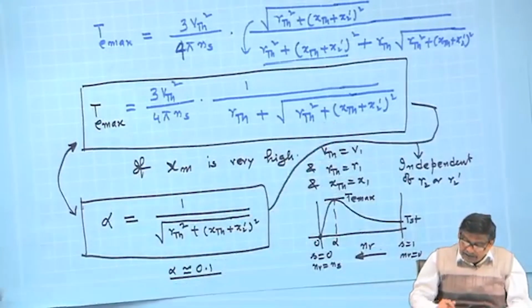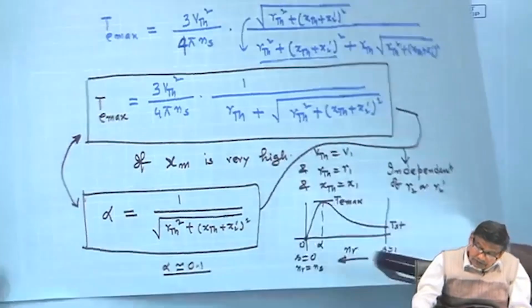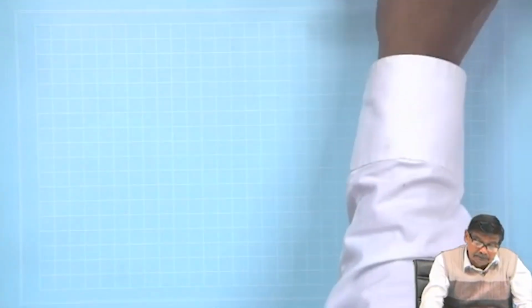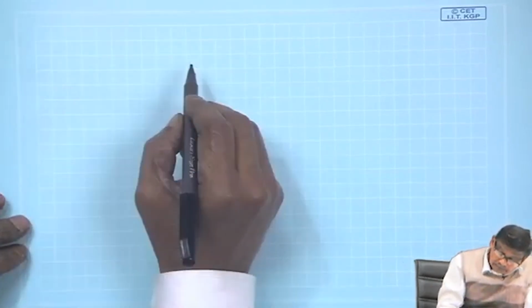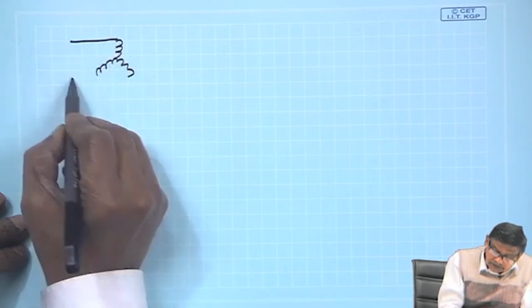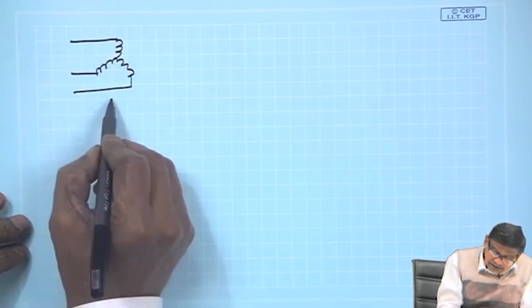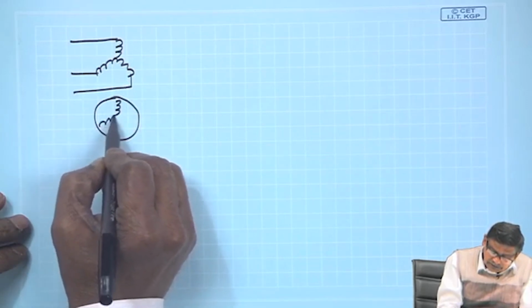Achha, we will come to this slightly later, but let us now try to understand what is going to happen to this torque slip characteristics if rotor resistance is increased. For example, I have told you this is your stator which you are energizing, and this is your rotor which also houses a 3-phase winding.